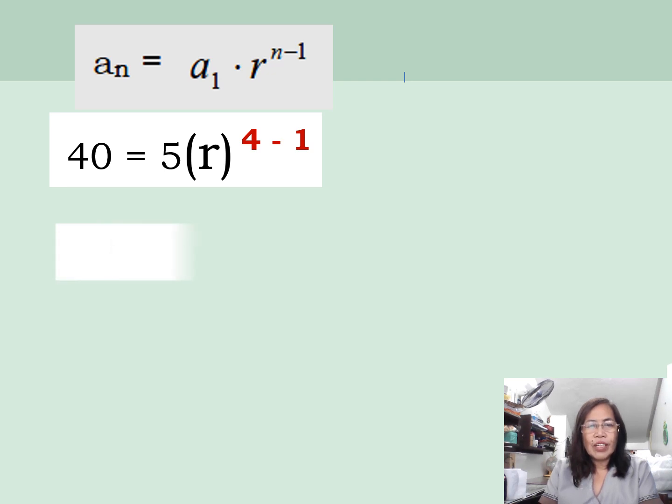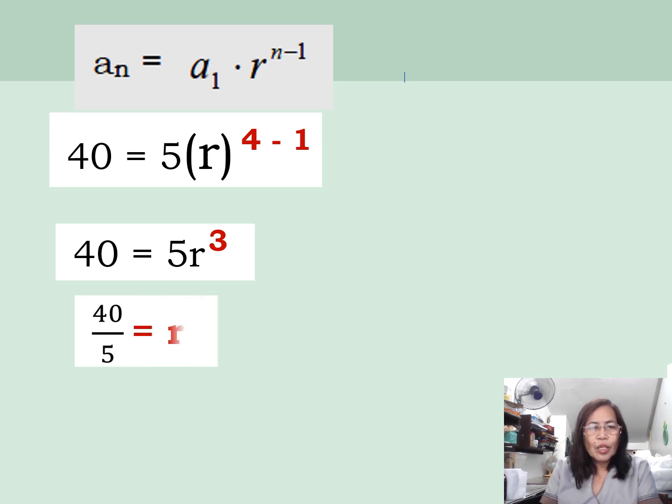And then simplifying the problem, we have 40 is equal to 5 times r raised to third power, because 4 minus 1 is 3. Now, we need to eliminate 5 on the right side of the equation since we need to get r. In short, to eliminate that, we will divide 40 by 5.